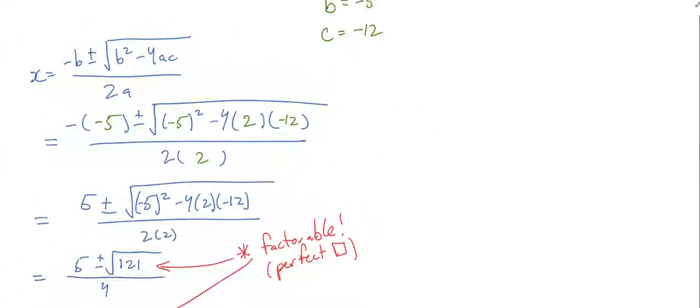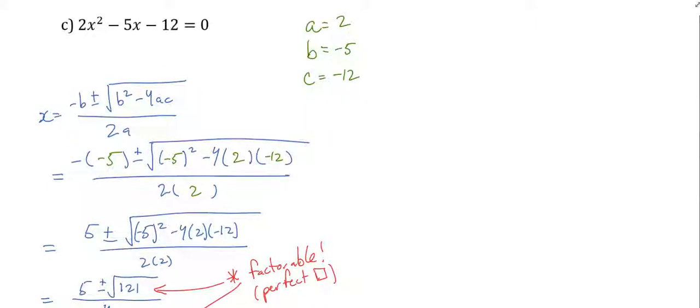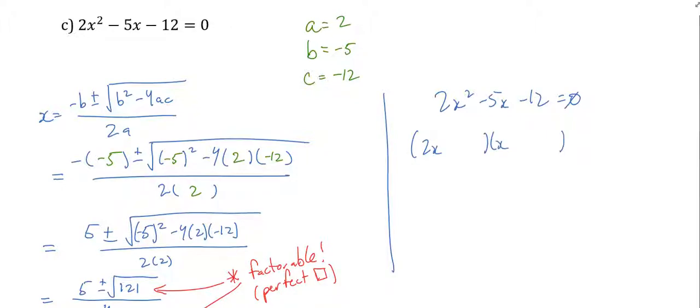You don't have to because we've done a lot of this, but let's see what would happen if I factored it. It would be like this: 2x squared minus 5x minus 12 equals 0. So I'm going to have 2x and x, and this is going to be 4 and 3, and it's minus 4 plus 3.